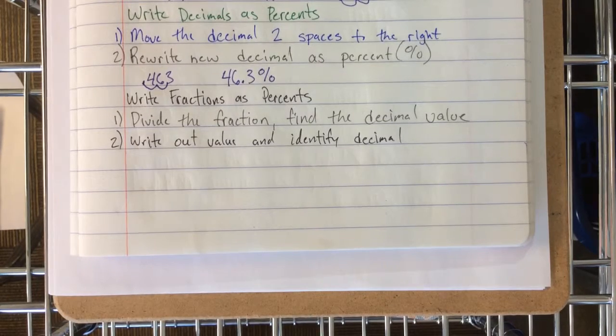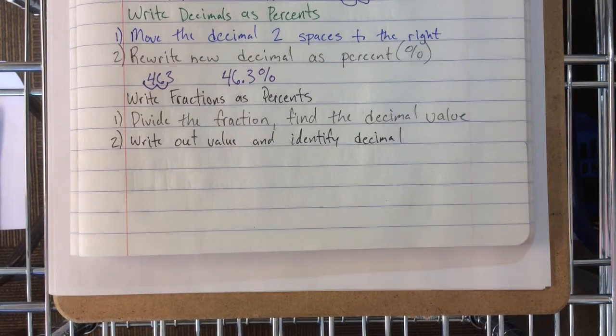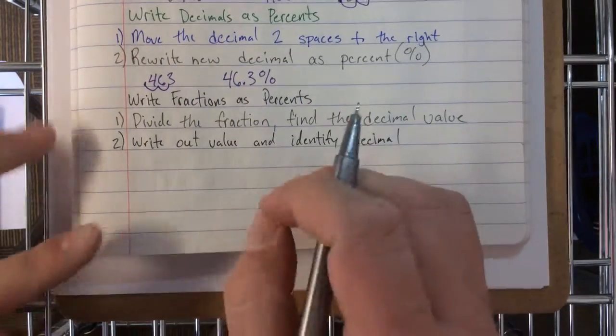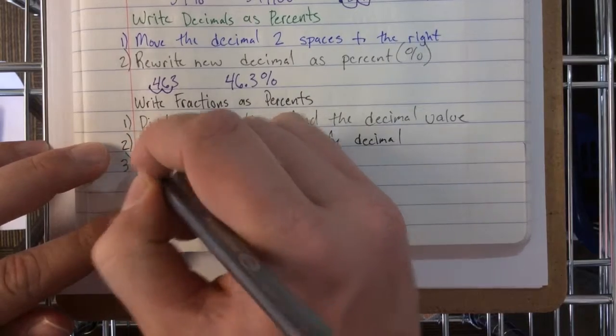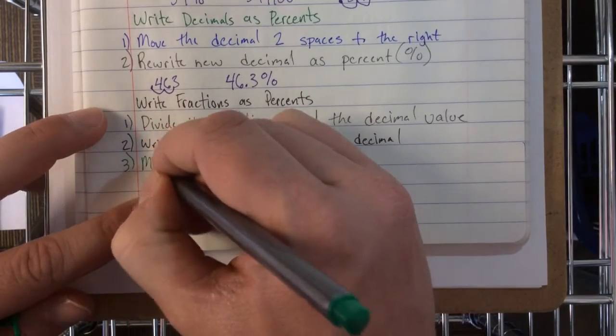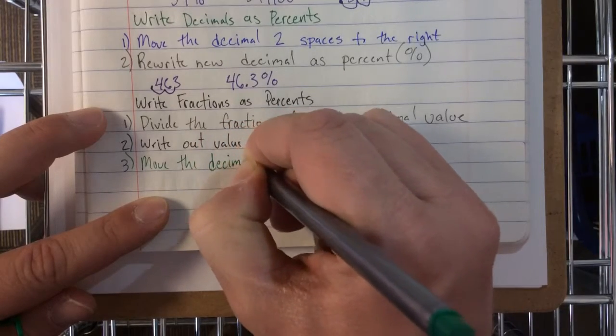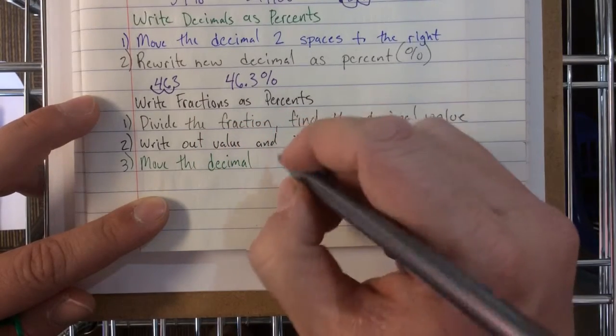So what do you think we're going to do after we have identified the decimal and we're trying to make it a percent? What did we do last time when we were moving decimals to percents? We're going to move the decimal 2 times here as well. So pretty much after you get to this step, it's what we just did. So the third step is to move the decimal 2 spaces to the right.